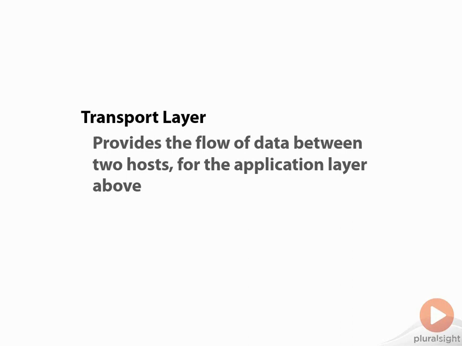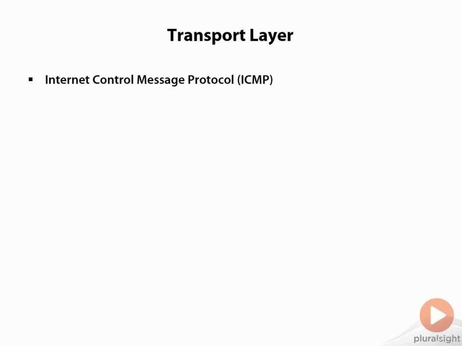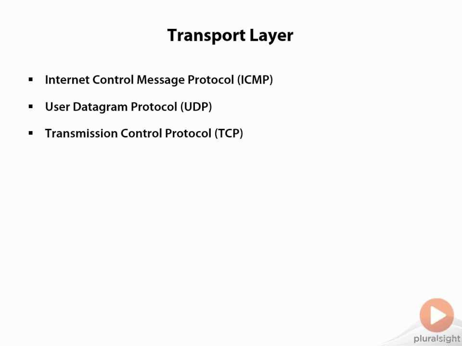The transport layer provides the flow of data between 2 applications on 2 hosts across a network. There are 3 transport layer protocols which are of importance to Nmap: the Internet Control Message Protocol, or ICMP, the User Datagram Protocol, or UDP, and the Transmission Control Protocol, or TCP.